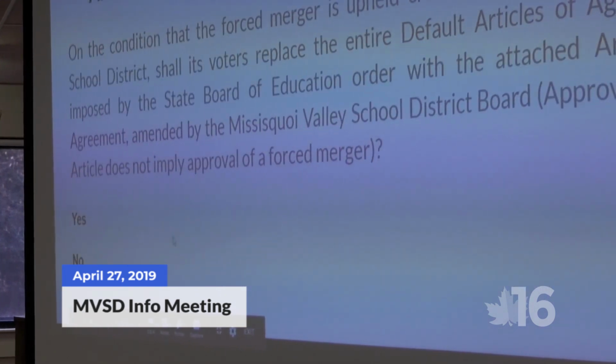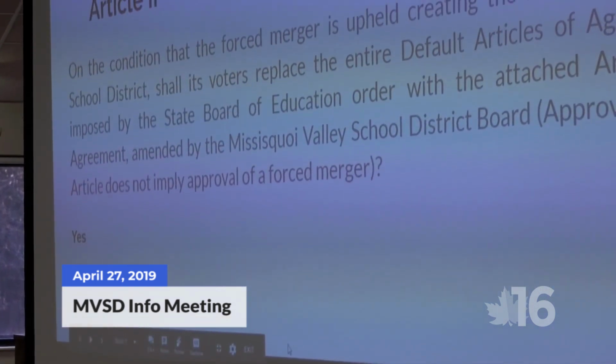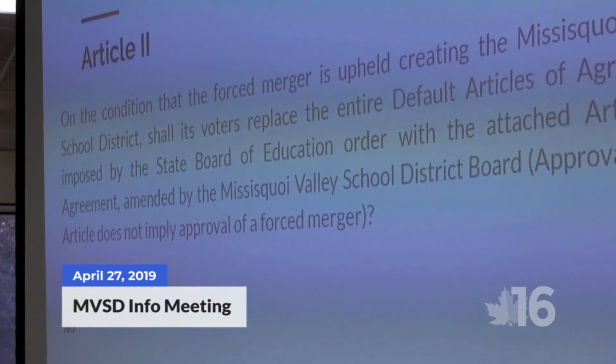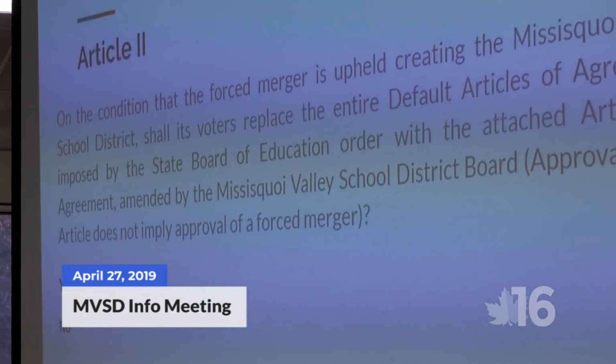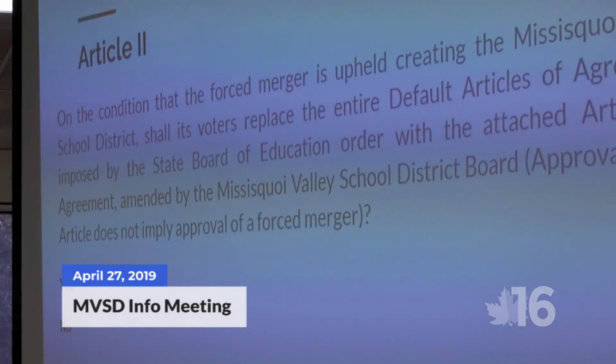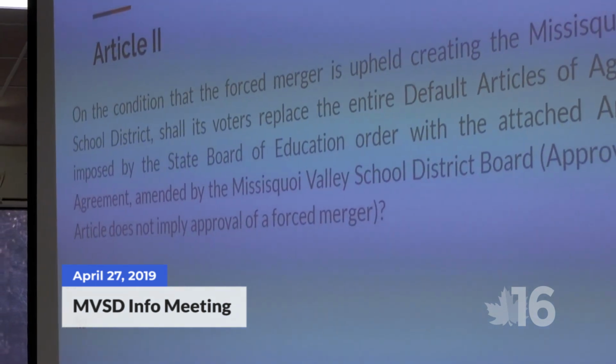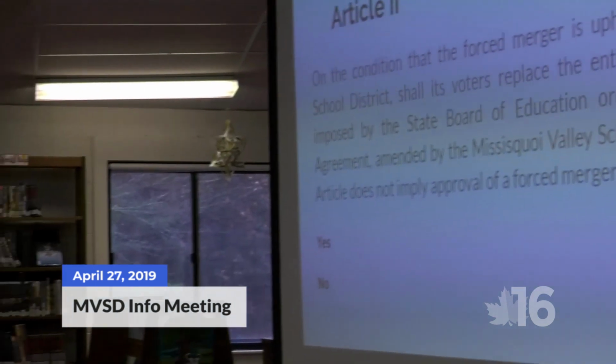Article 2 is you would vote yes or no, and it covers all of the language for the default articles of agreement. A vote yes means we adopt these articles that we'll present to you. A vote no means that we have to use the state-imposed articles of agreement.